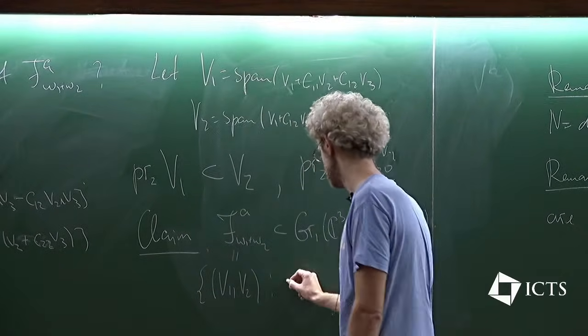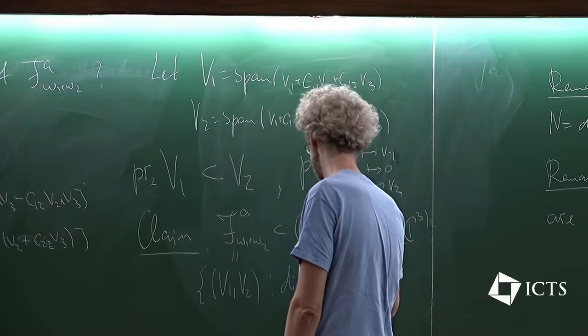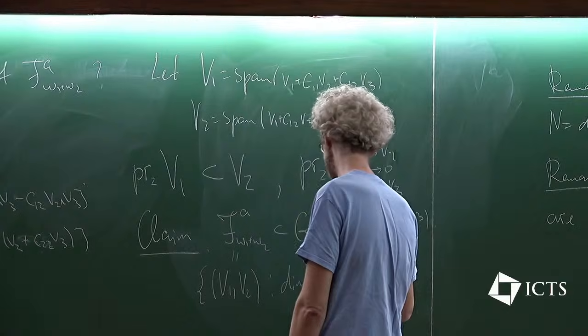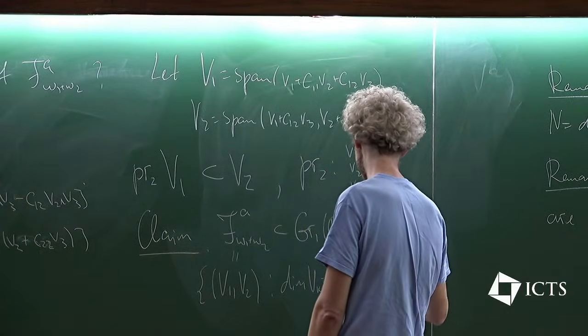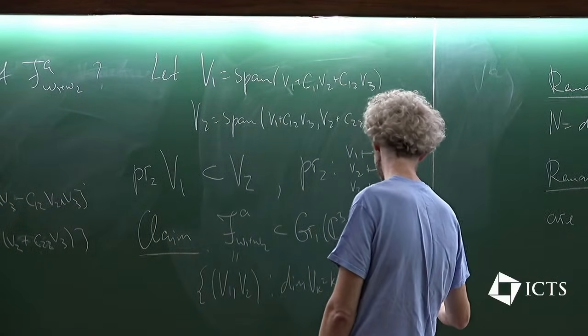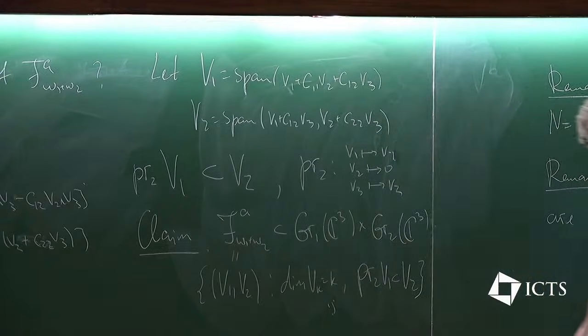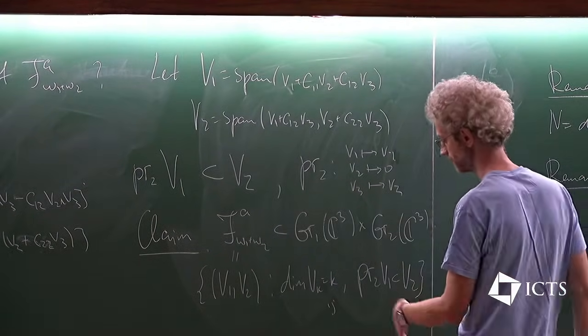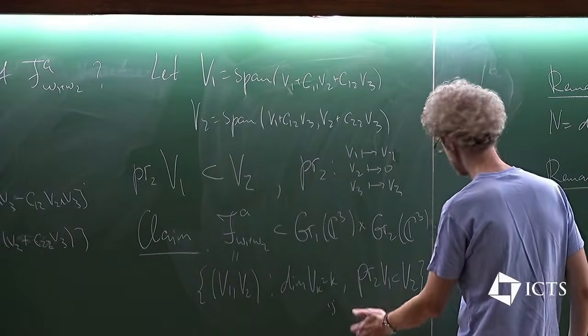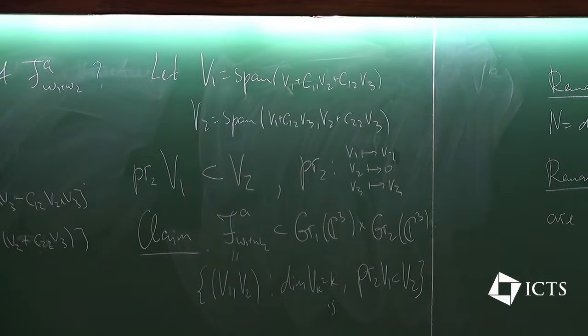So V1 of dimension 1, V2 of dimension 2, such that projection 2 of V1 sits in V2. Okay. So you see, this is close to the classical picture. However, things become more interesting because we have this extra operator.